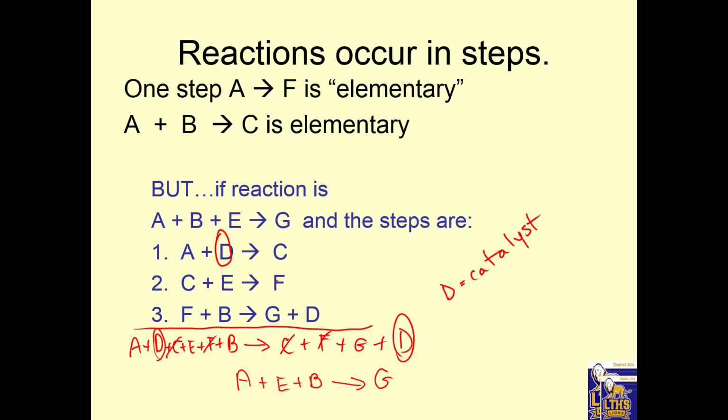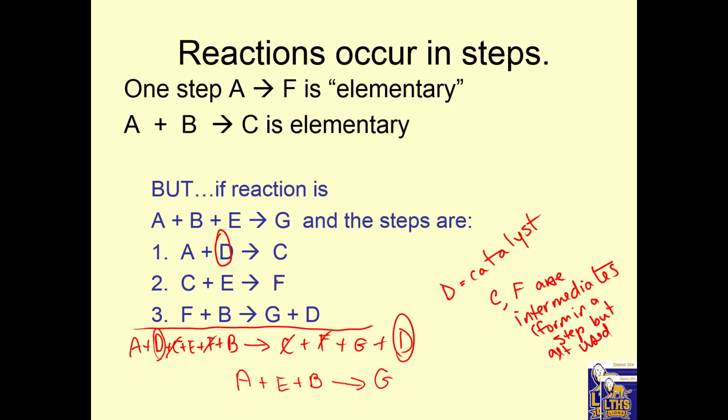Okay, what do we call the things that got canceled? C and F, or what we call our intermediates. Intermediates. So they're things that form in a step, but get used later.